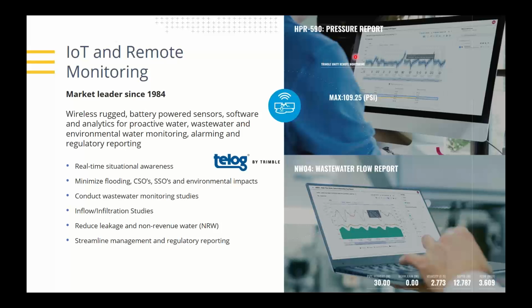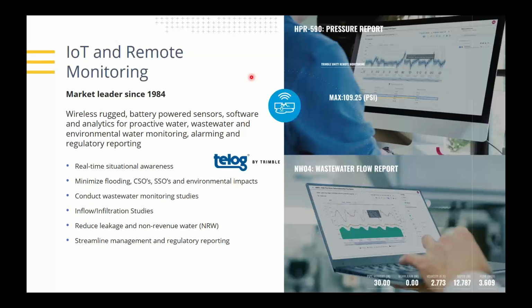They provided wireless, rugged, battery-powered sensors and RTUs, software and analytics for all your water, wastewater and environmental needs. They really pioneered it. They're the experts in it. So that's how Telog was brought in to help back up the software and the technology part that we have to offer.